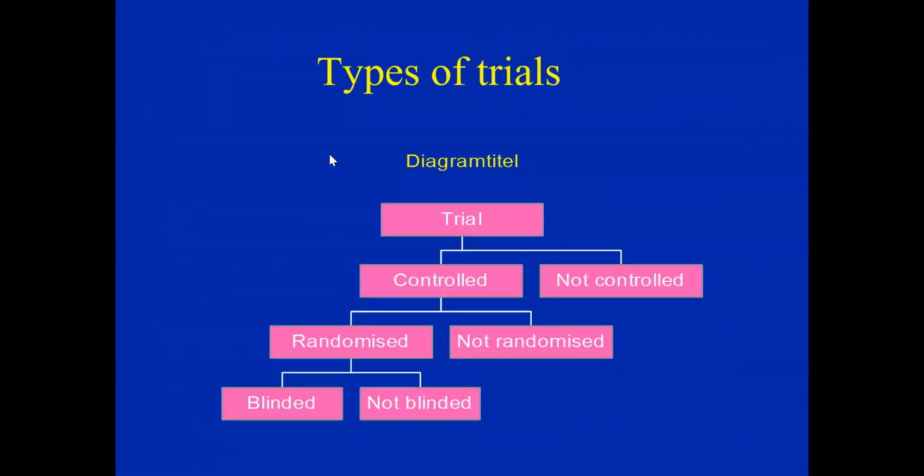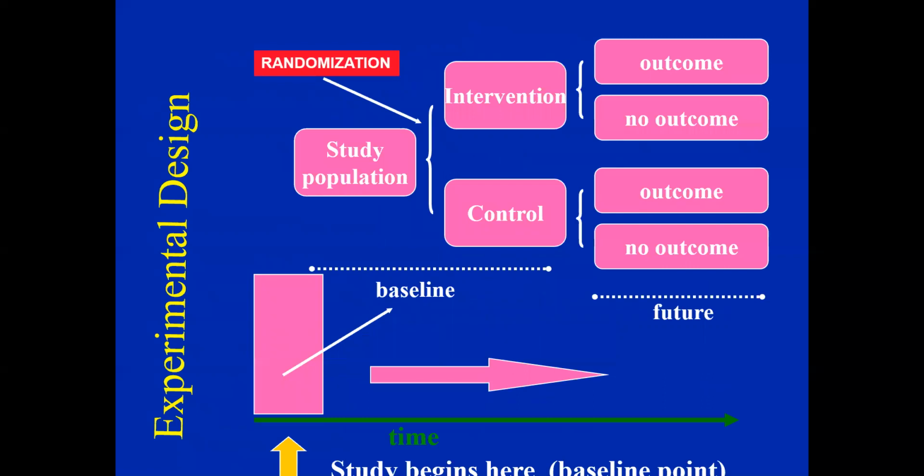So in terms of a diagram, with your trial, it can be controlled or not controlled. If it's controlled, it can be randomized or not randomized. Then there are these issues of blinded and not blinded. We'll discuss them in detail. I also try to discuss these things in a few lectures. So in terms of a diagram, that's how a randomized controlled trial is presented. You have your study population, you randomize, those who get intervention and those who get the control.